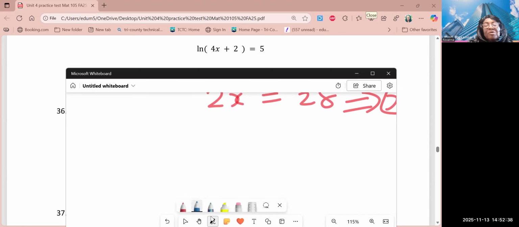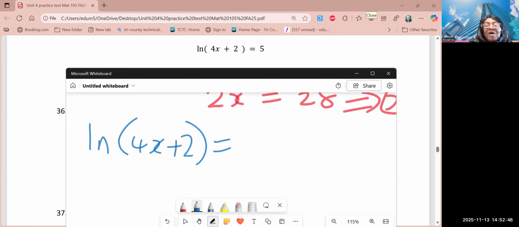It actually is clear this time. Natural log of 4x plus 2 is equal to 5. Are you following? Are you tired? All right, we'll soon finish.